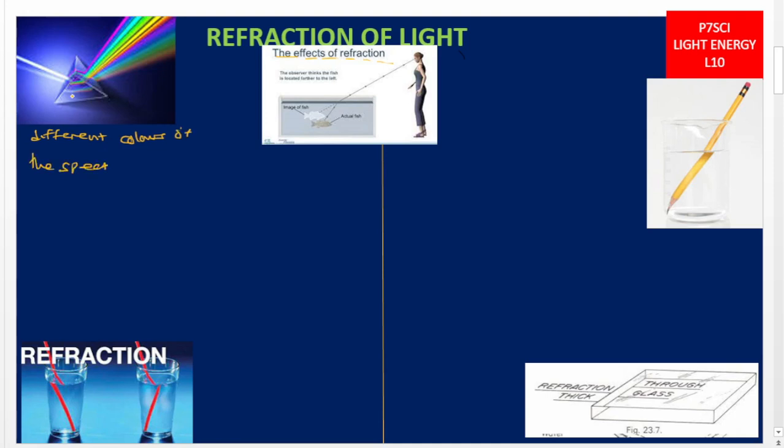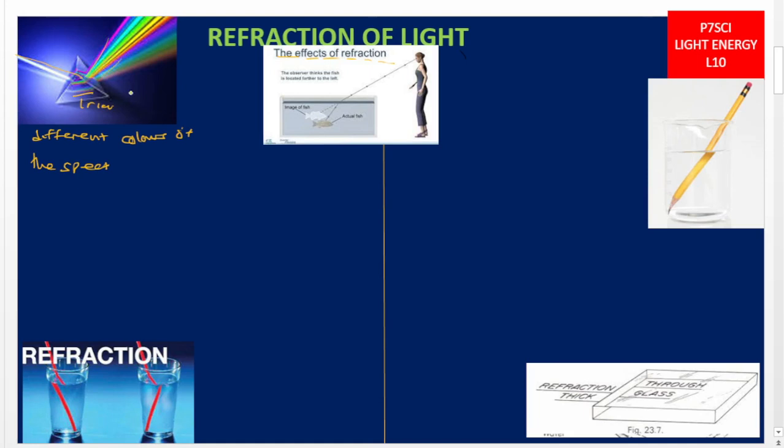So this is the triangular prism, the other one was the glass block. Now as light enters through here, it comes out bending, and that is refraction of light. Refraction causes the colors of the spectrum.